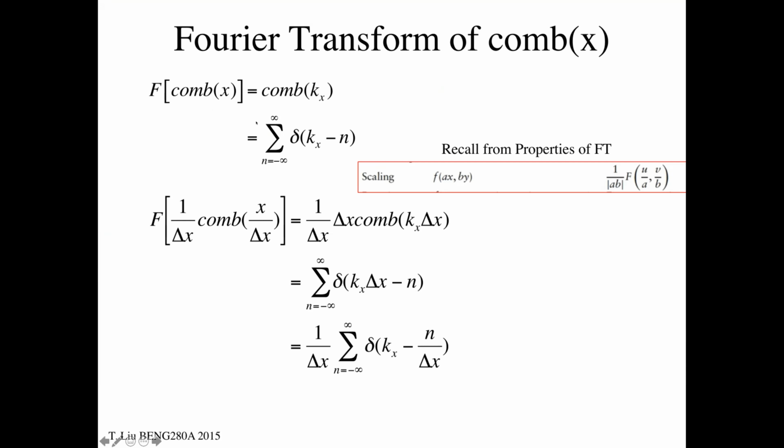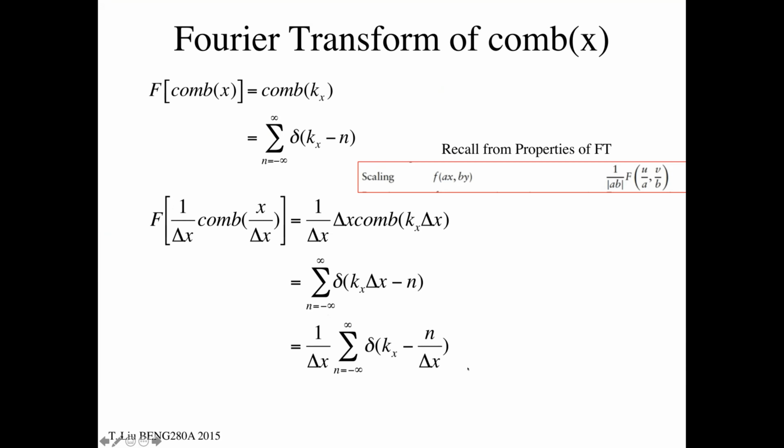And when we put in the scaling factors, the relationships that you know for the Fourier transform in terms of scaling, the Fourier transform of this scaled comb function turns out to be this set of scaled comb functions.